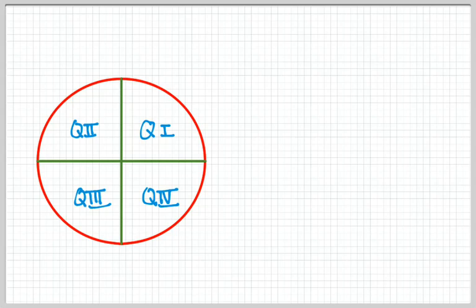What's the radius in the unit circle? 1. So we'll locate just a couple key points, since you already have the other ones. 1, 0, 0, 1. Just like graphing, here's your y-axis and here's your x-axis. So it follows the same rules.